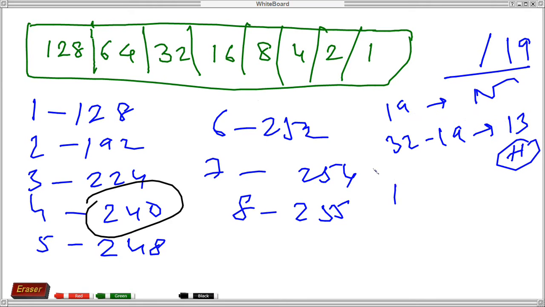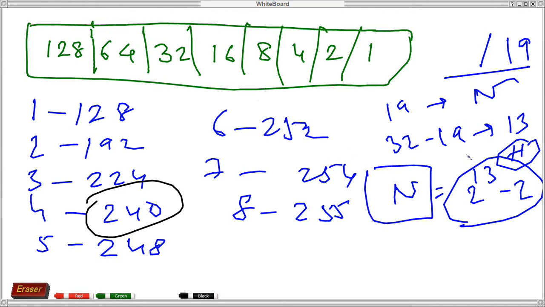So the maximum size will be 2 to the power 13 minus 2, and I can calculate the size. This is my block size, 2 to the power 13.